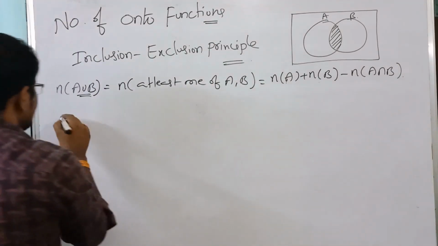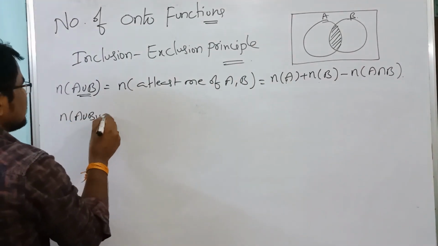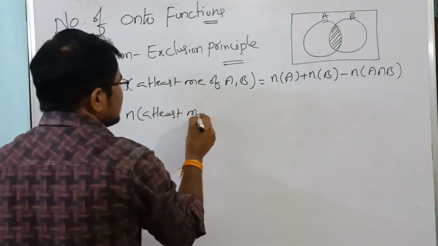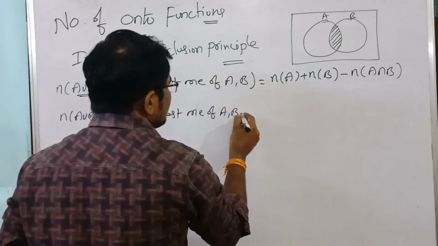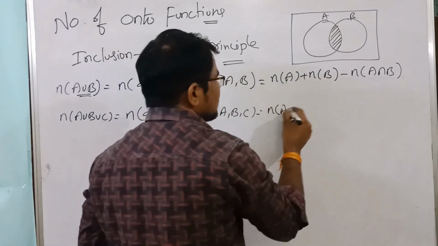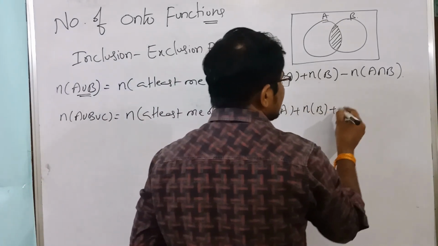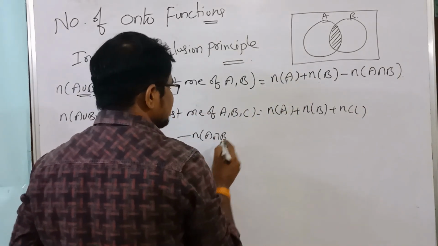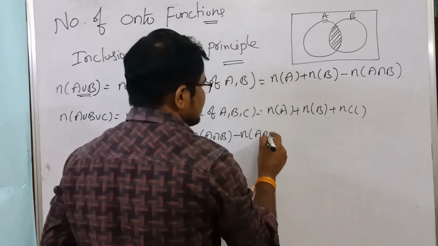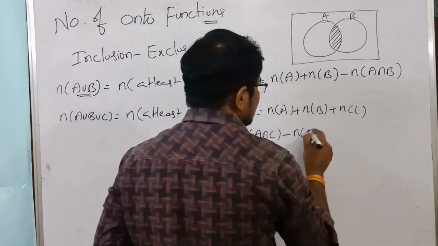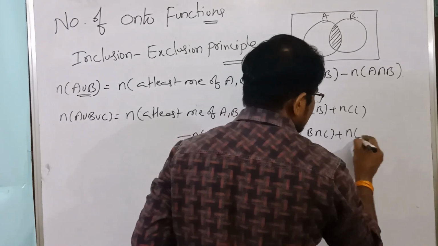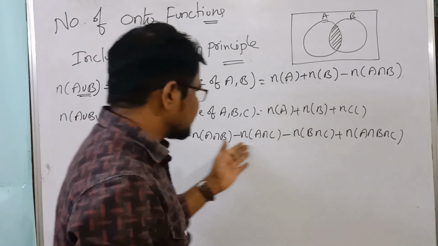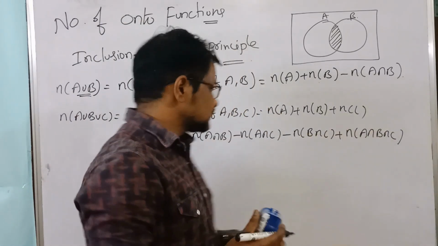Next, if you take n of A union B union C, n of at least one of A, B, C, that is equal to n of A plus n of B plus n of C minus n of A intersection B minus n of A intersection C minus n of B intersection C plus n of A intersection B intersection C. So why are you subtracting these and why are you adding this one?